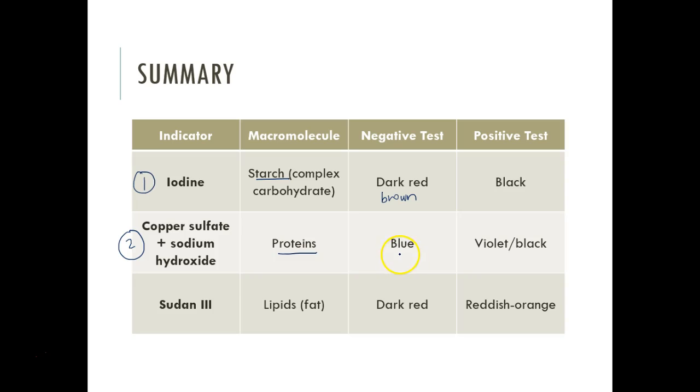If there are no proteins, it'll stay its bluish color, but if it's a positive test, then it'll turn violet or a dark purple, almost looking black. And the last one is Sudan 3, and that tests for lipids. Normally it's a dark red color, so if there are no lipids present, then it'll remain dark red, but if there are lipids present, then it'll turn a reddish orange, which again, remember, is very bright.